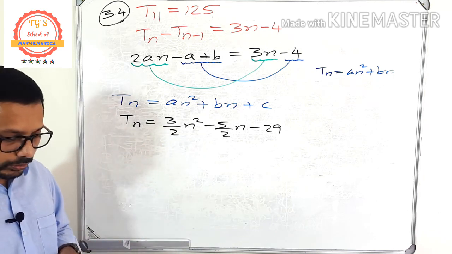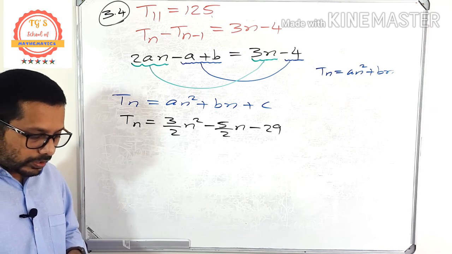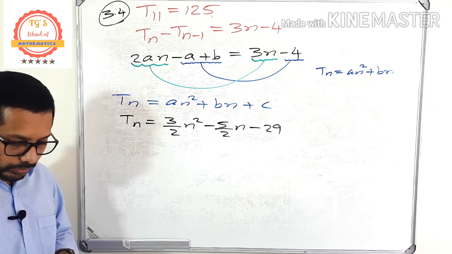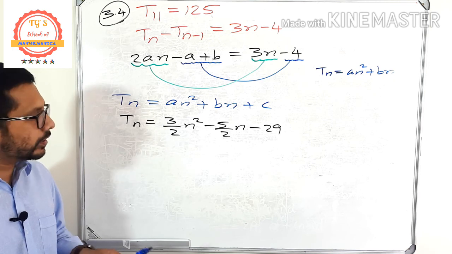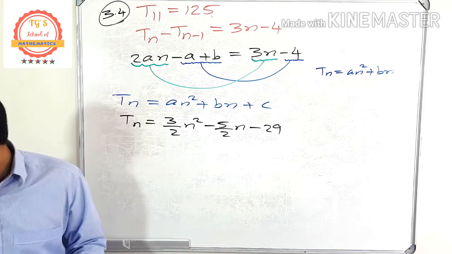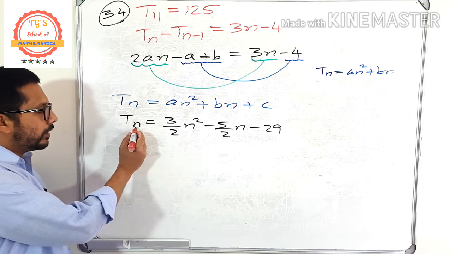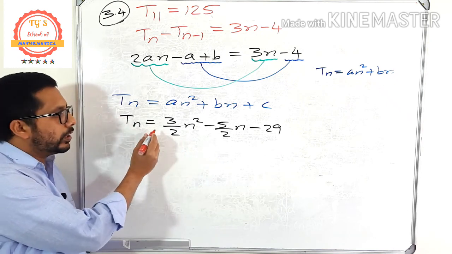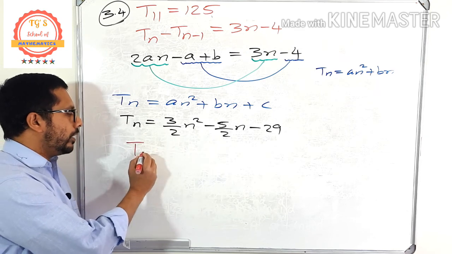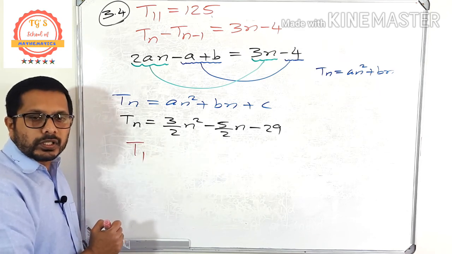Now look at the question once more. Determine the first term of the sequence. You have to find the first term of the sequence. So how can you find the first term now? You got an expression for Tn. In this equation you have to substitute the value of n as 1 to get the first term.